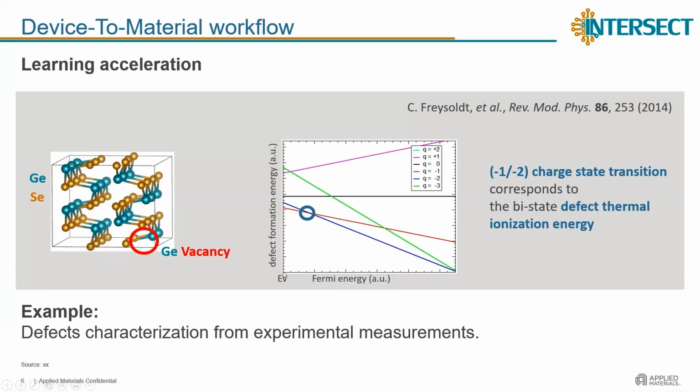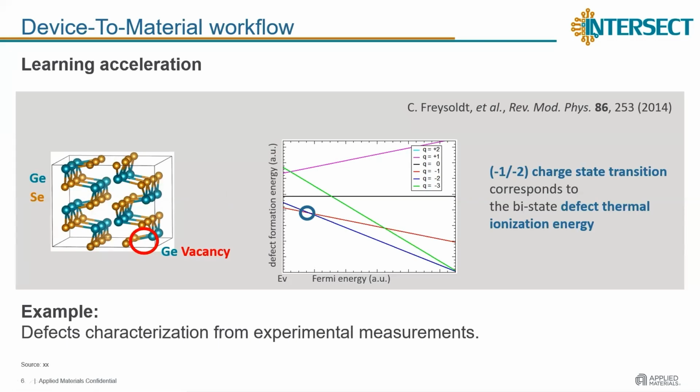The Fermi level can vary in the band gap of the material, from the valence band to the conduction band, and the intersection between the different states represents the charge state transition. In particular, the energy at which they happen corresponds to the defect thermal ionization energy.